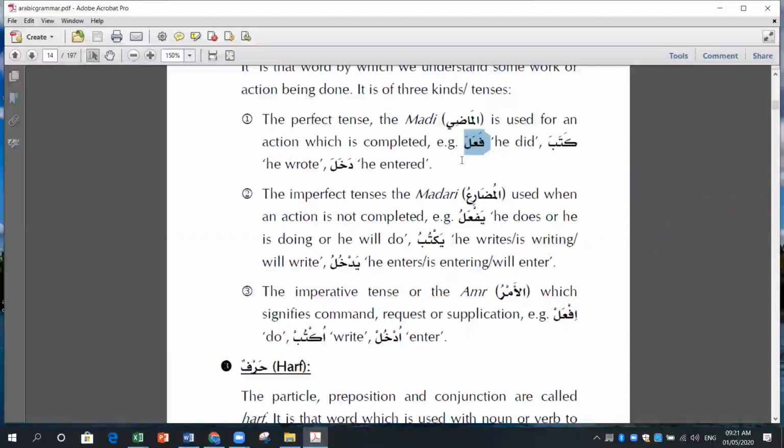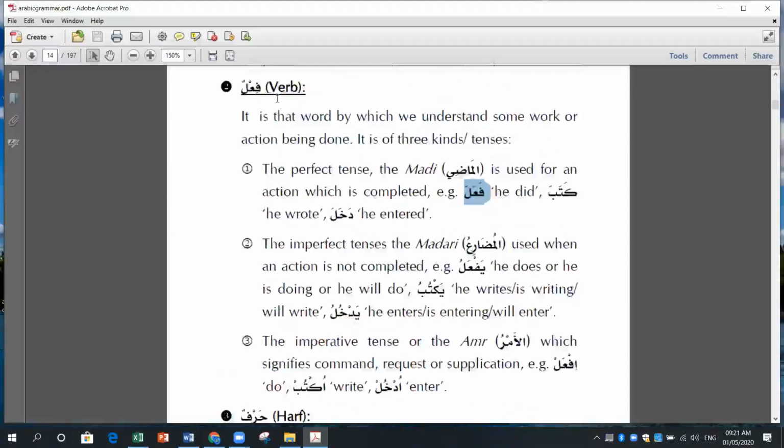So with the change of movement, like here it was fi'lun. It was the name of a verb. Fi'lun, doing of something, right? But when I put it on this scale, it becomes fa'ala. So it became past tense.